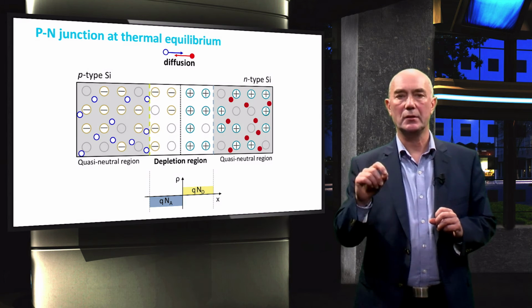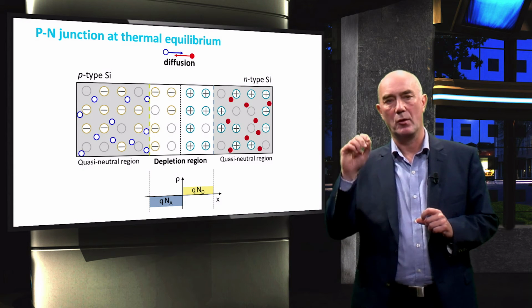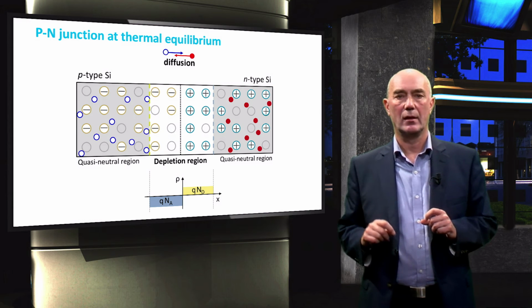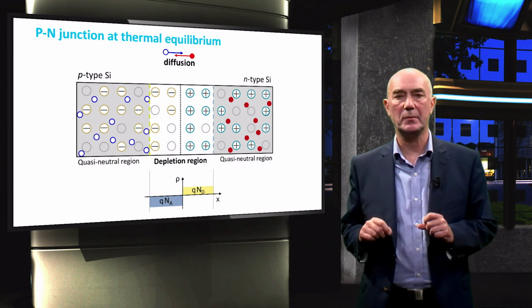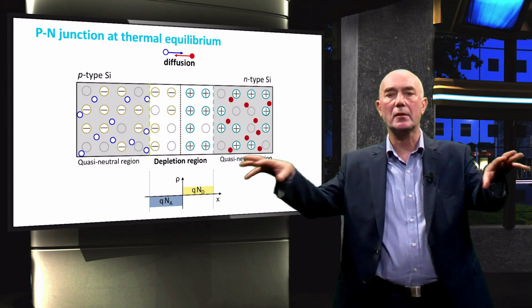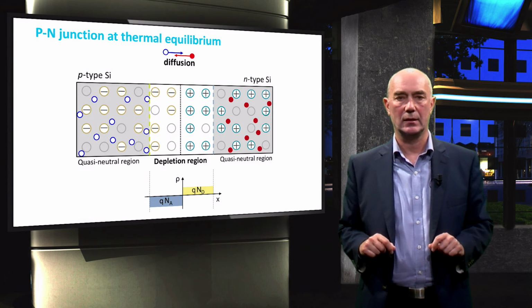One good question you may be asking here is, why is there a stop to the depletion region? Why don't charges keep diffusing until the concentration of holes and electrons is equal throughout the device?